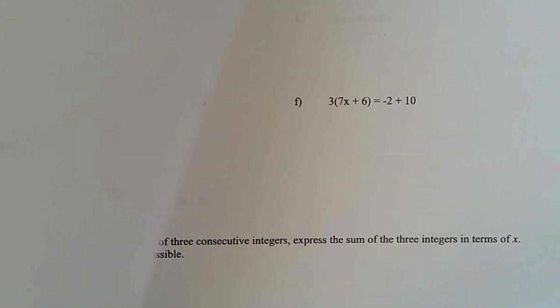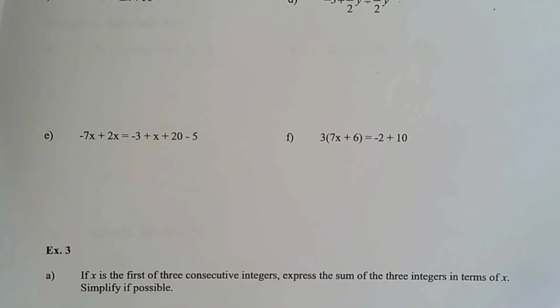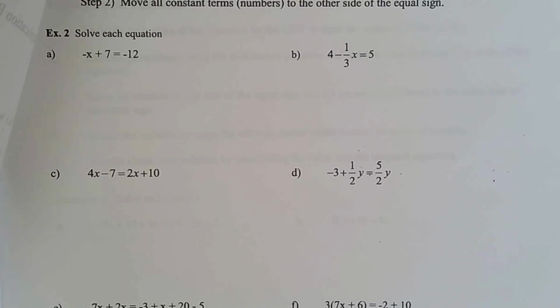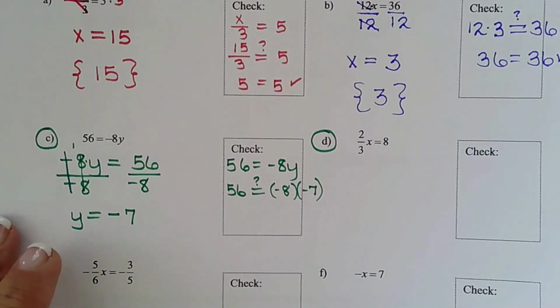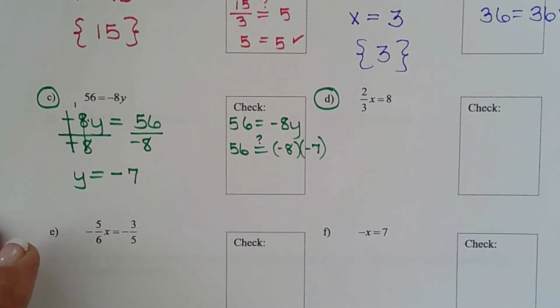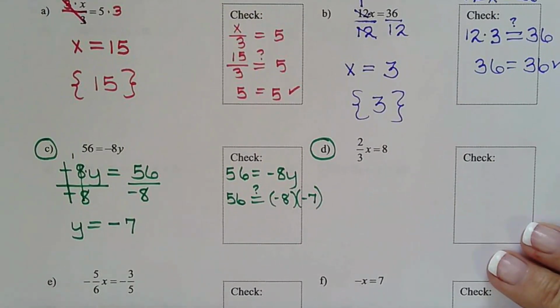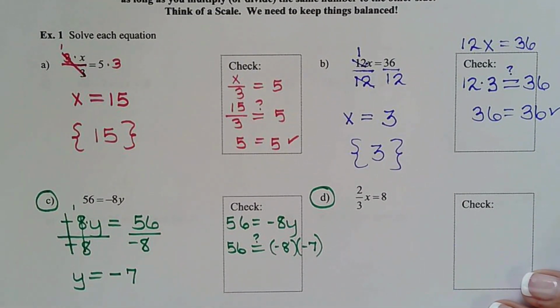Why? Because pretty soon our problems are going to get gigantic. And you can't do them in your head. So we start out with the easy ones. Maybe you can do them in your head, but do not do that, because then that won't teach you the steps for when they get harder. So everything I show you, I'm expecting to see on your test.